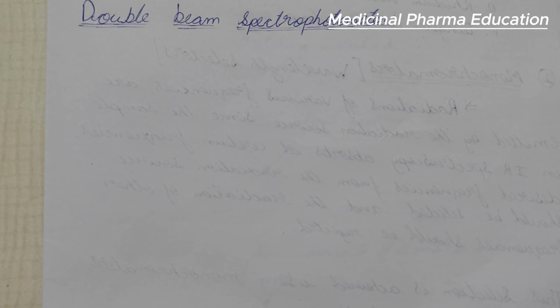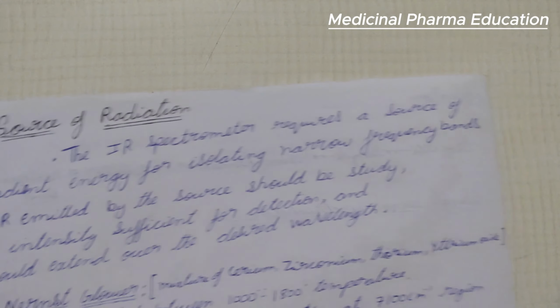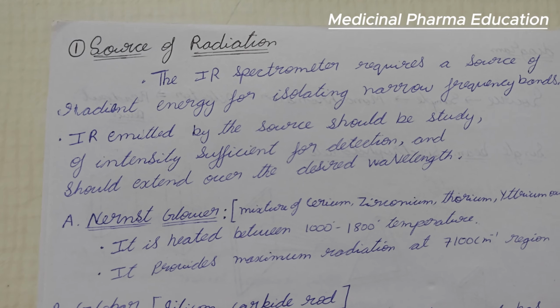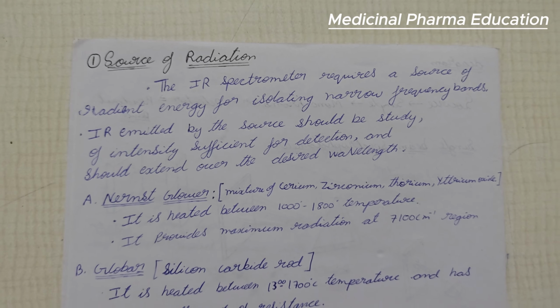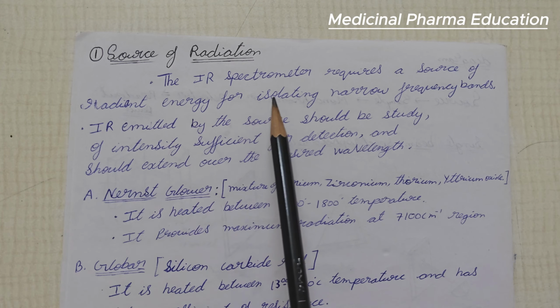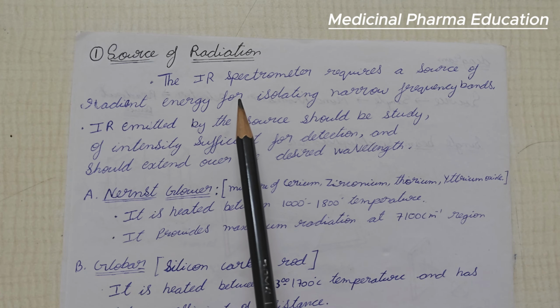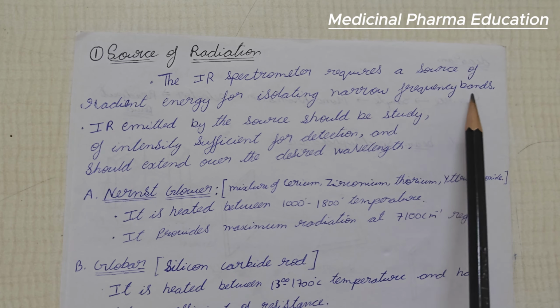Now instrumentation is done. Next we are going with the sources of radiation. IR spectroscopy requires a source of radiant energy for isolating narrow frequency bands.